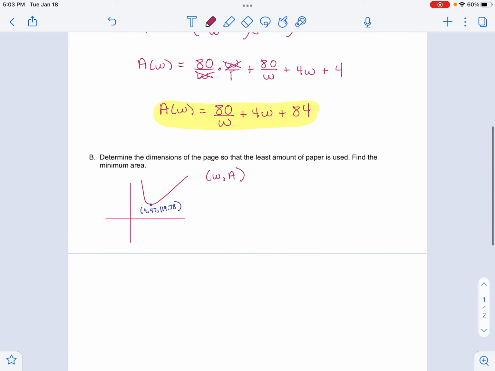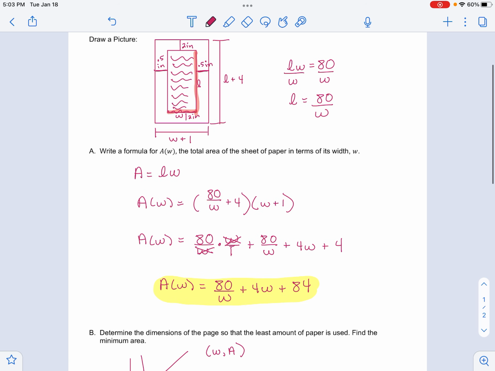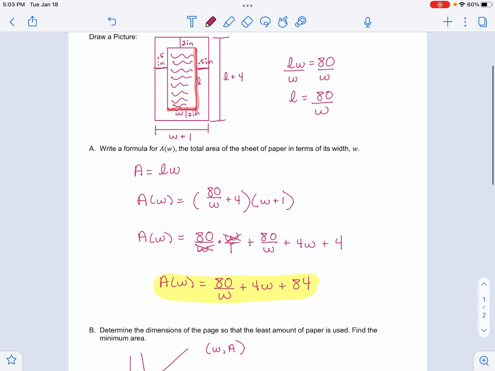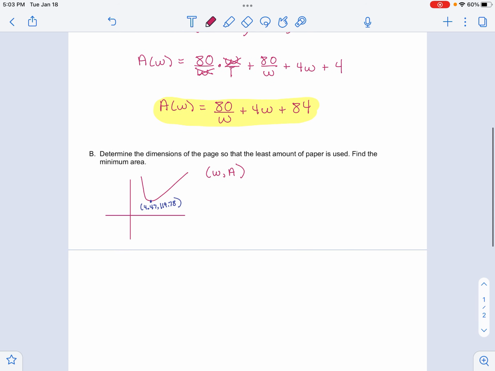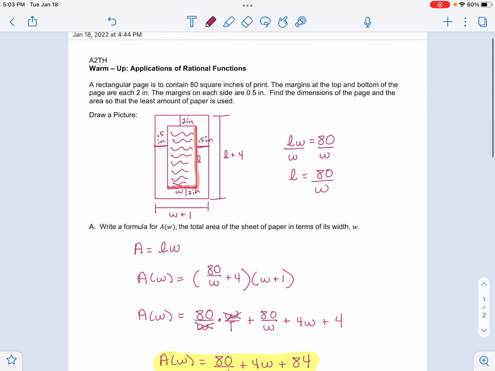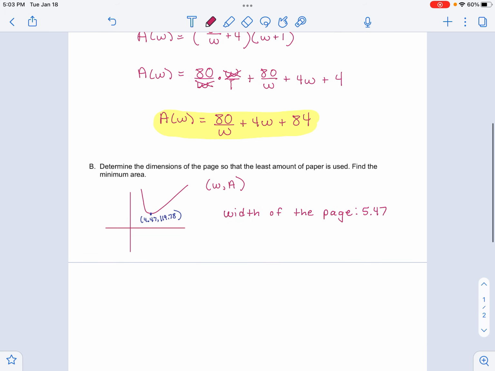Think about your page. The dimensions of the page are W plus 1 and L plus 4. So the width of the page is going to be not 4.47, but 5.47, and that's going to be inches.